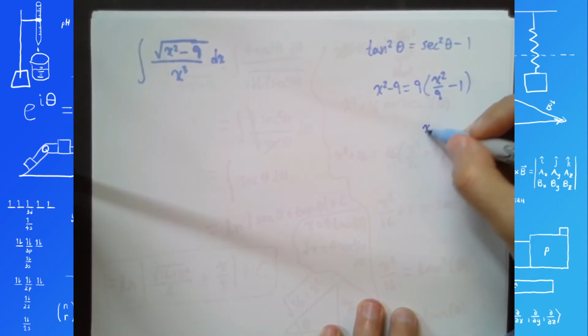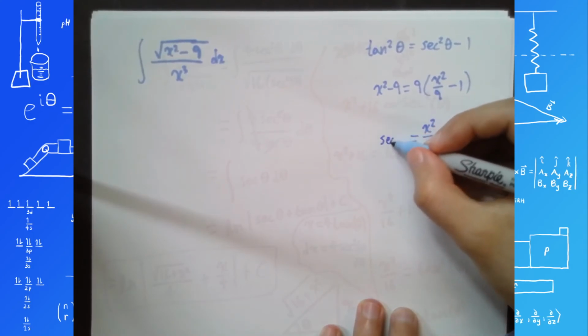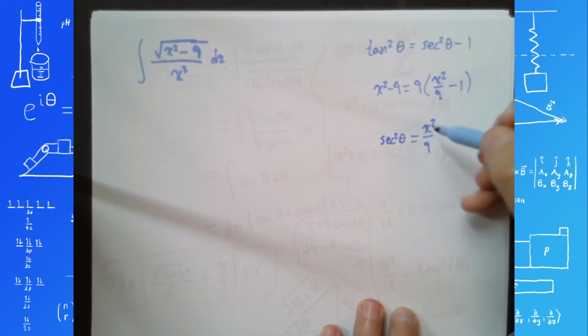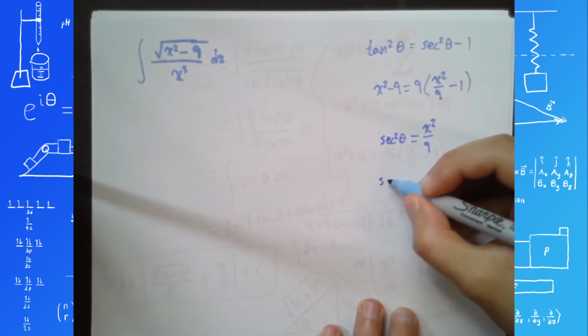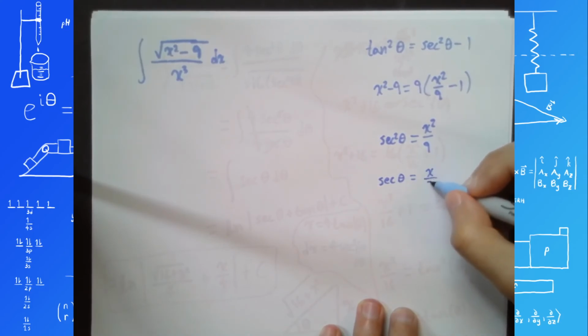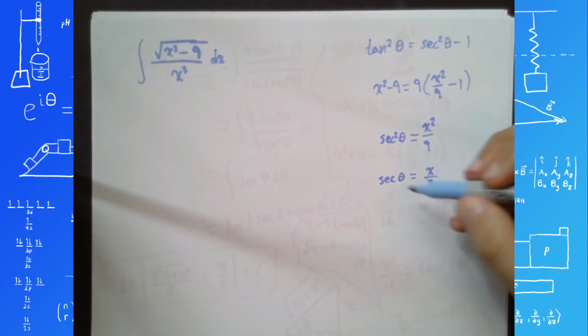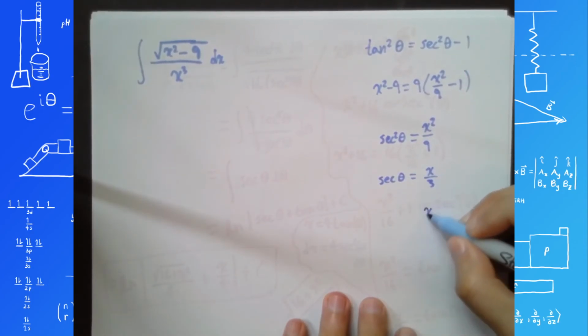So x squared over 9 is going to become my secant squared of theta. And if I take the square root on both sides, I get secant theta is equal to x over 3. Okay. X over 3. So in other words, x equals 3 secant theta.